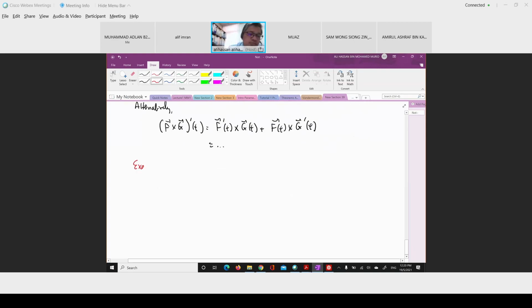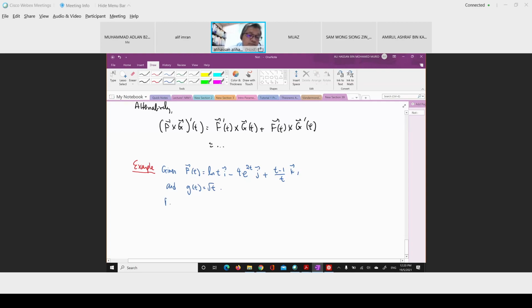Okay, let's do one example related to the chain rule. Given the vector function f of t equal to ln t i minus 4e to the power of 2t j plus t minus 1 over t k, and g of t equal to square root of t.